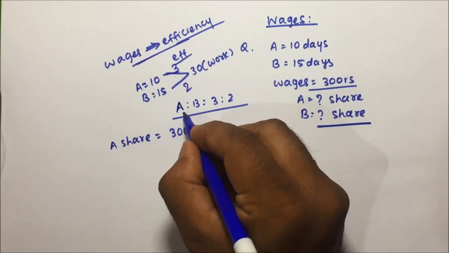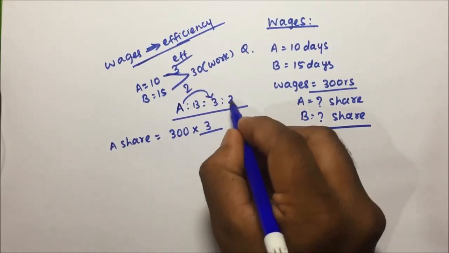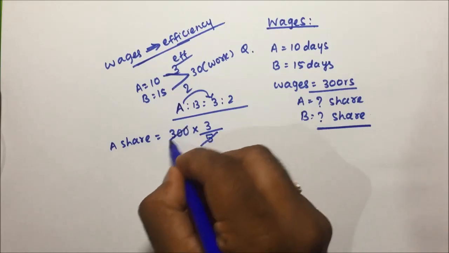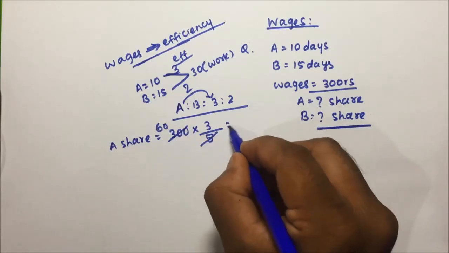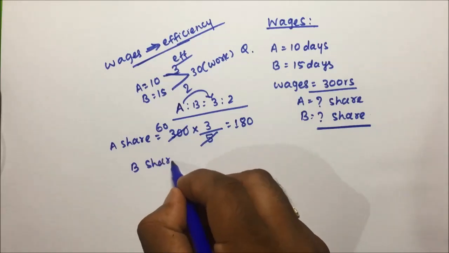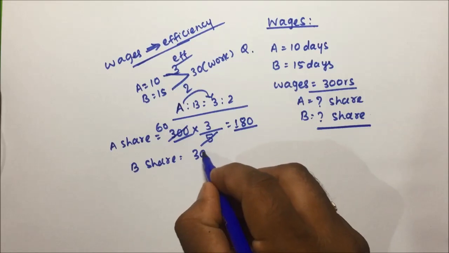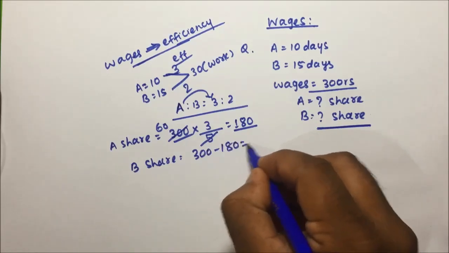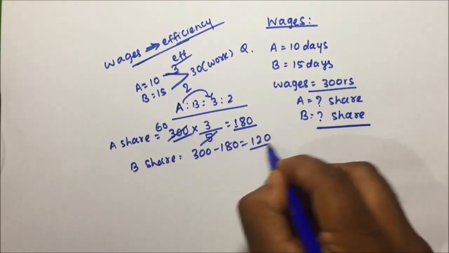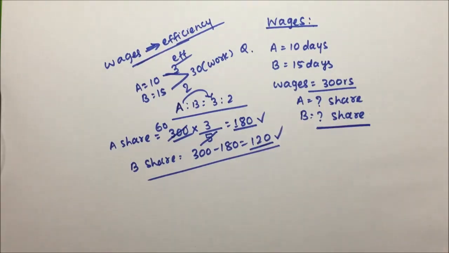If you want to calculate A's share, then in front of A, 3 divided by the total, 3 plus 2 is 5, times 300, so this will be 60 times 3. So A's share will become 180 rupees. And for B's share, the total is 300, so 300 minus 180 is nothing but 120. So B's share will be 120 rupees and A's share will be 180 rupees.